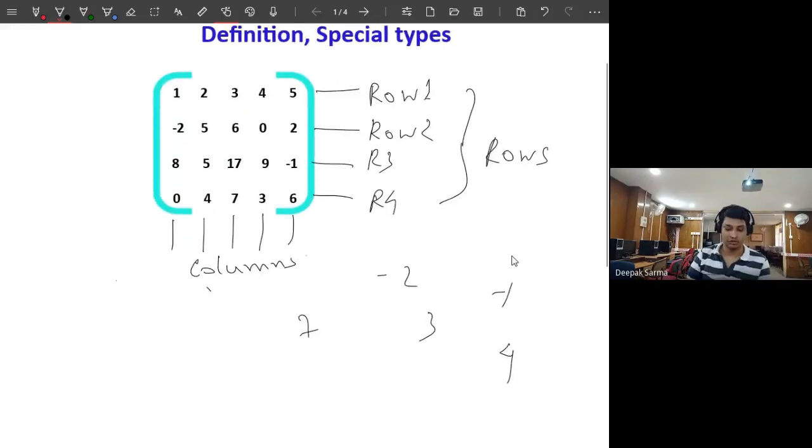So if we have to define the matrix formally, what can I write? So matrix is some arrangement of numbers. There is some particular arrangement. What kind of arrangement? It is rectangular form, because there are 4, 5. It looks like a rectangle. So let us define it formally.